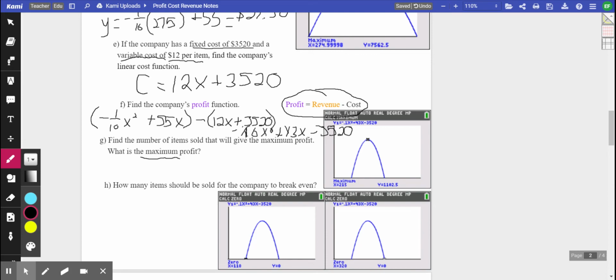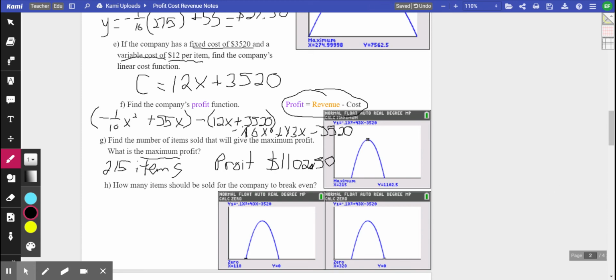So 215 represents the number of items sold. So we have to sell 215 items to maximize profit at the $1102.50.